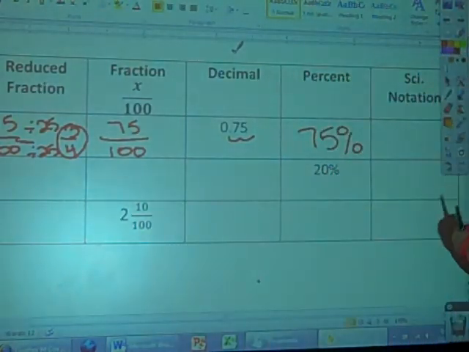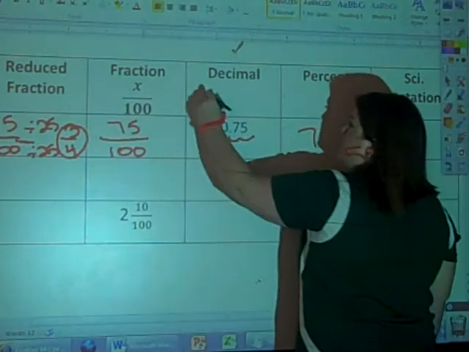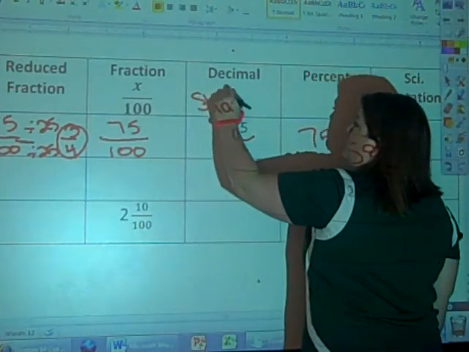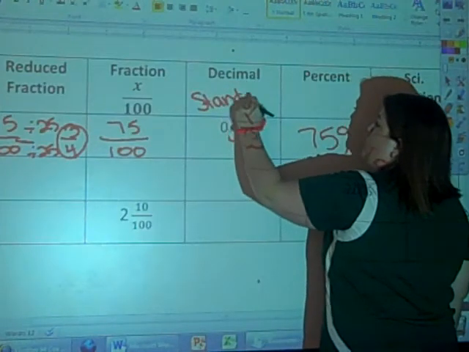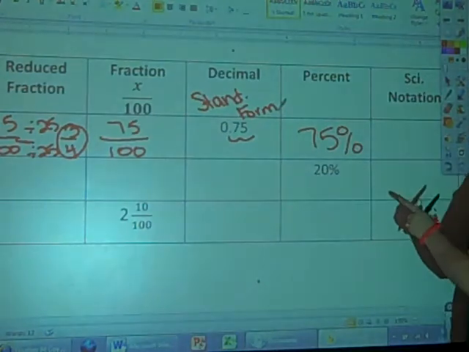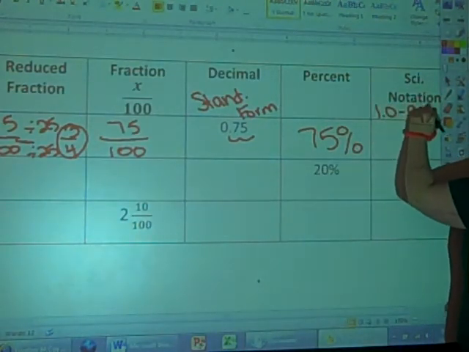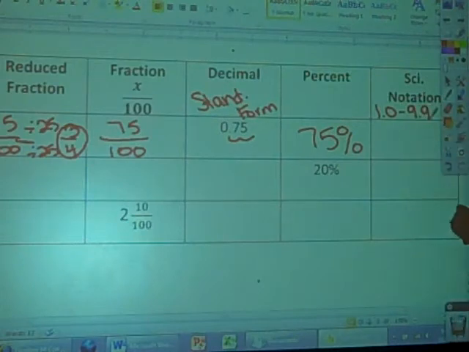Now the only thing left for this one is to turn it into scientific notation. You need to remember that decimal is the same thing as our standard form. So we need our first factor, don't forget, to be between 1.0 and 9.9, and we're going to multiply by 10 to some power.